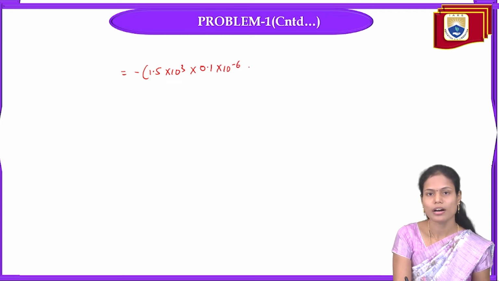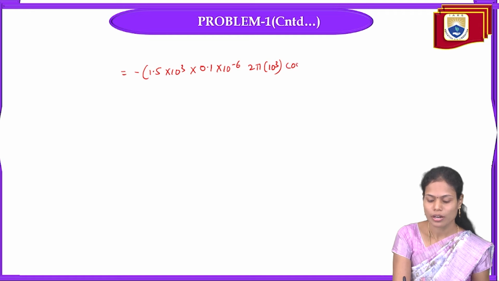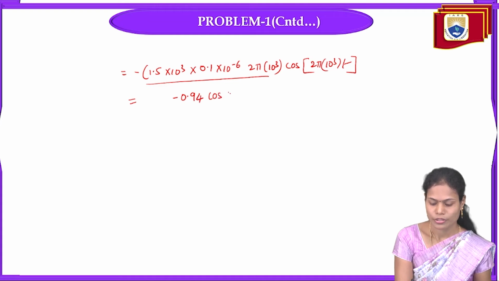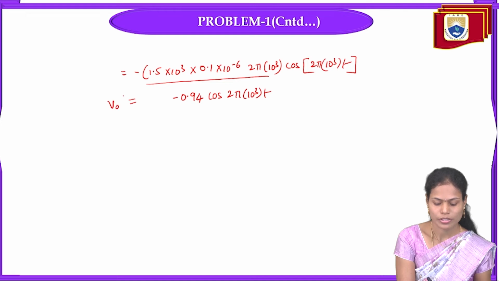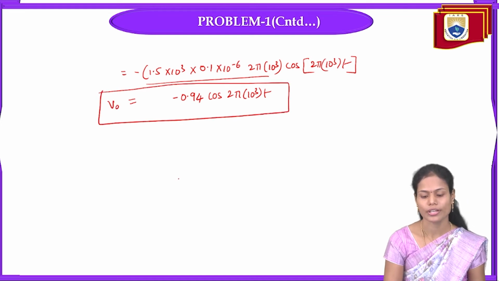Differentiation of sine is cos, and omega value is 2 pi into 10 power 3. That is, the derivative of sine omega t is omega into cos omega t. So cos 2 pi 10 power 3 t. If we simplify this, we will get 0.94 cos 2 pi into 10 power 3 t. So this is the output voltage we are getting from the given sinusoidal signal here.